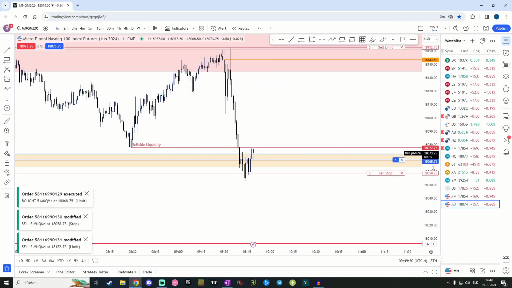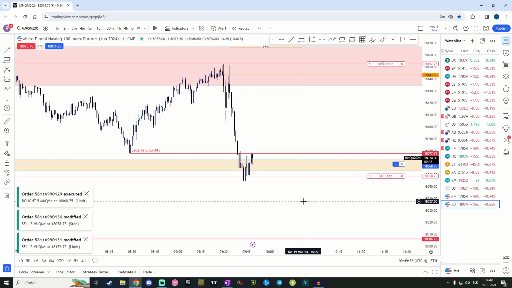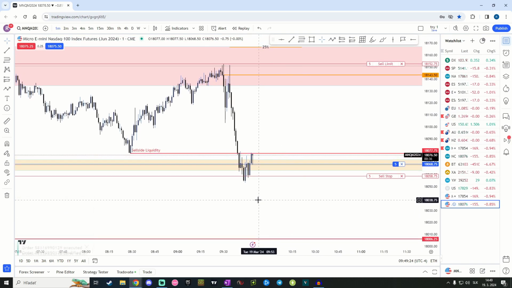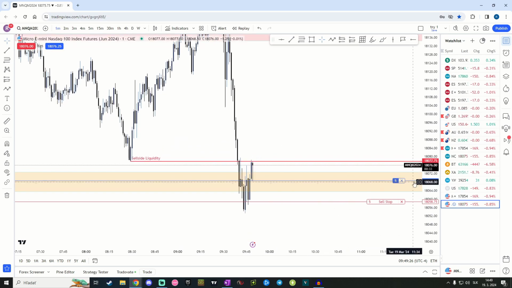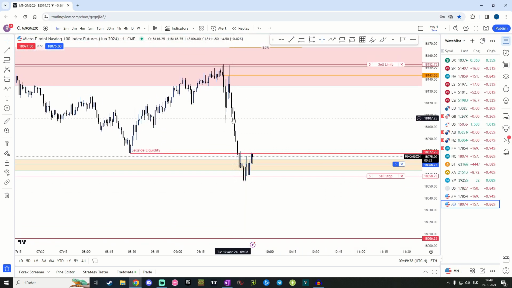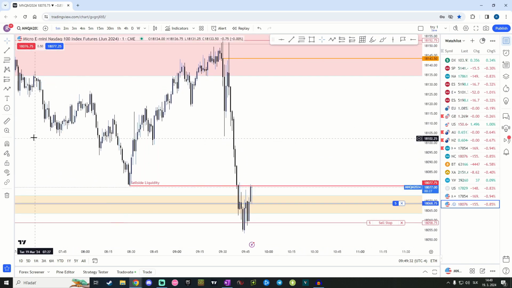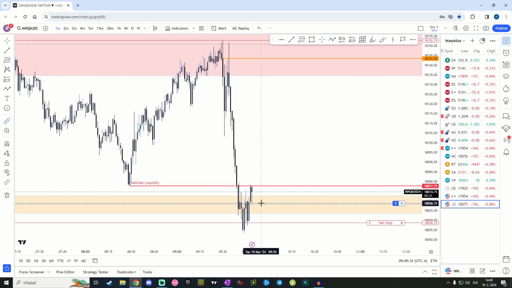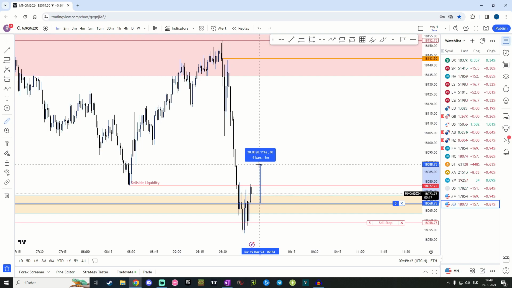So I don't want to really hold strongly my bias to any direction. I'm just trying to go from what I can see the market doing. So we have a lot of inefficiencies over here where we can target for exits. I will start measuring where I can maybe get my first partials. I'm thinking 20 handles could be a good start.